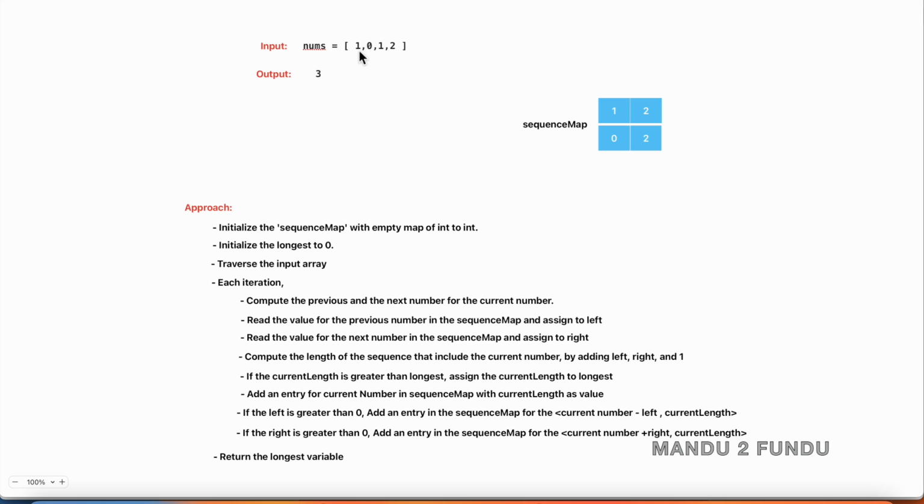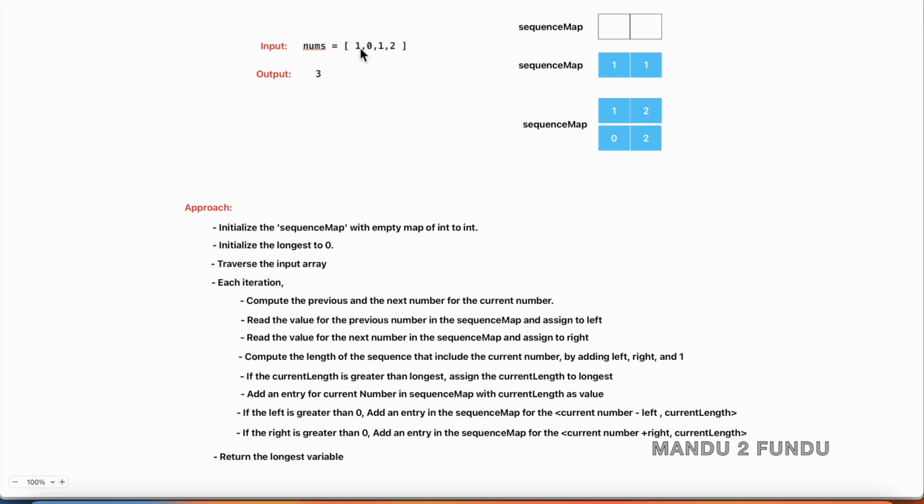So for this case, the previous number is 0 and the next number is 2. But there is no entry for 0 as well as 2. So we will add an entry only for this number 1 with the value 1 as the length of the current sequence. So first we process the number 1.